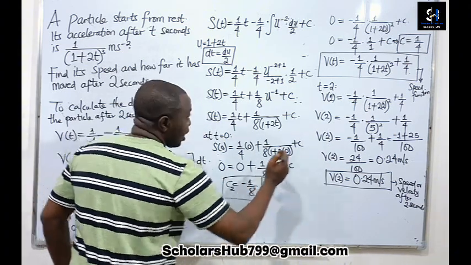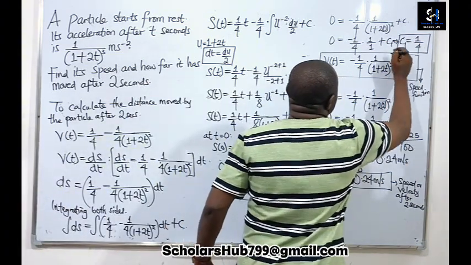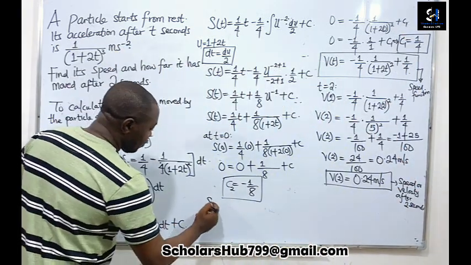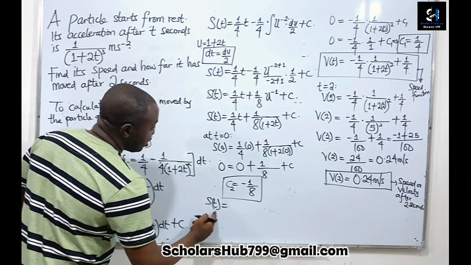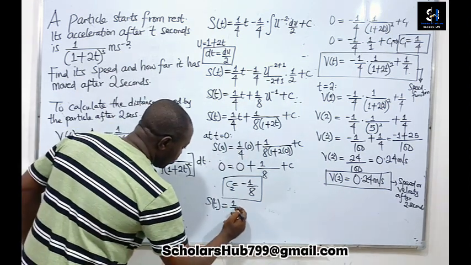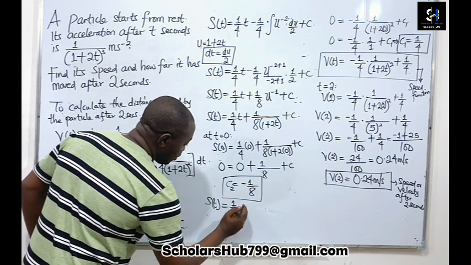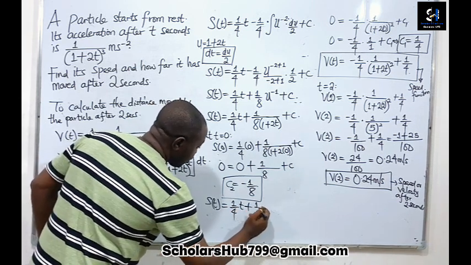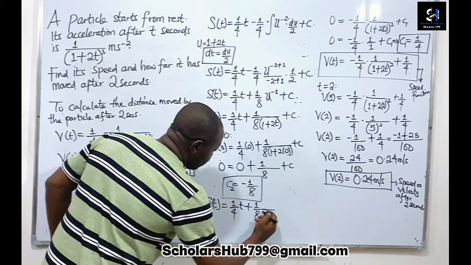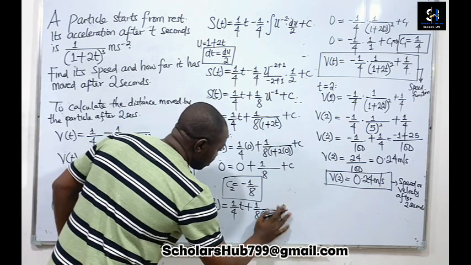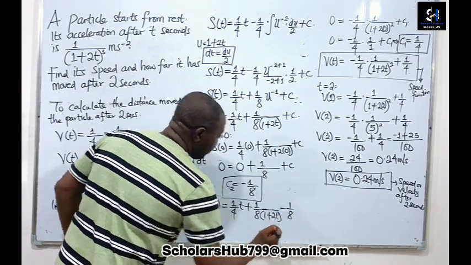This is the arbitrary constant, let me call it c1. So the distance function will now be t/4 plus 1/8 (1 + 2t), plus minus 1/8.